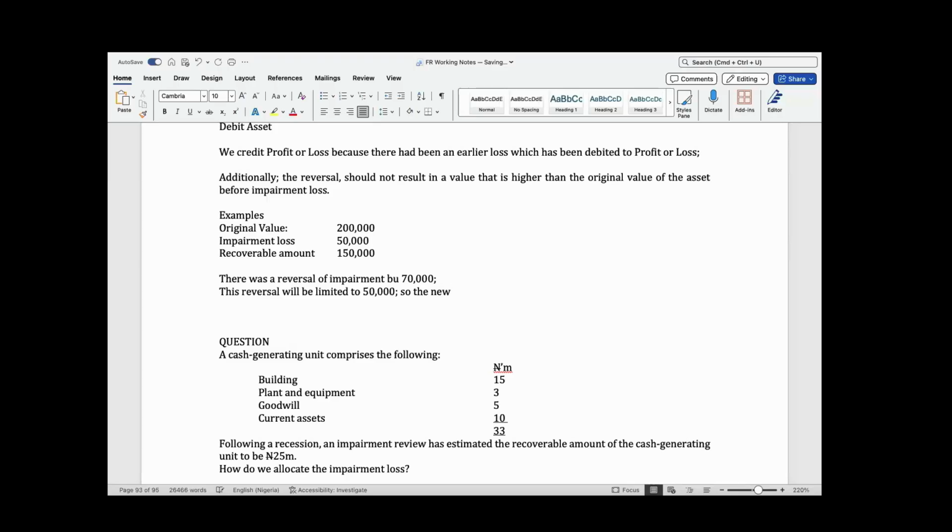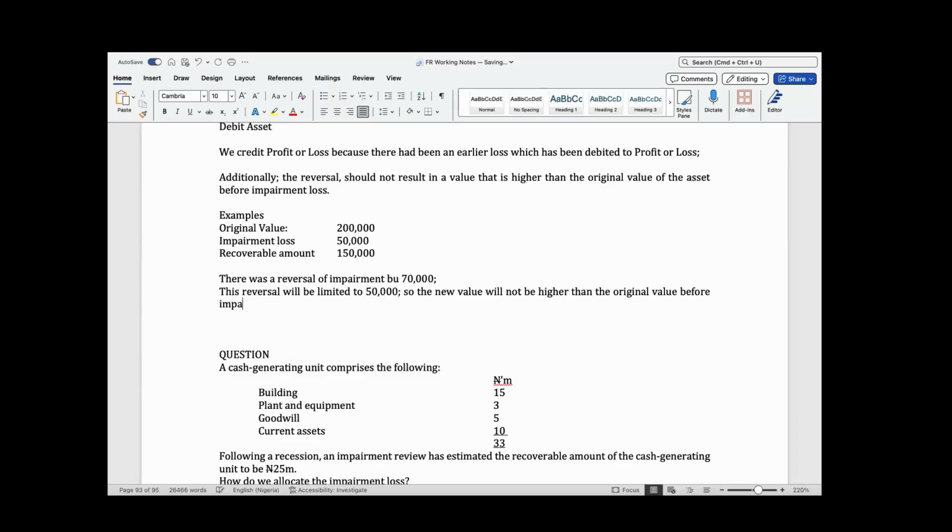So that the new value will not be higher than the original value before impairment loss of 200K. So you cannot reverse and say your new value is 220.